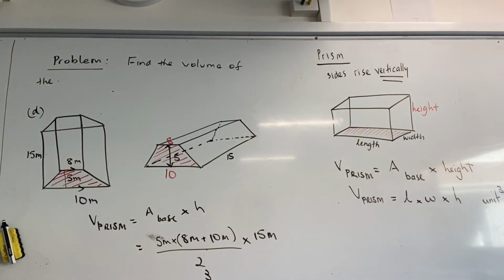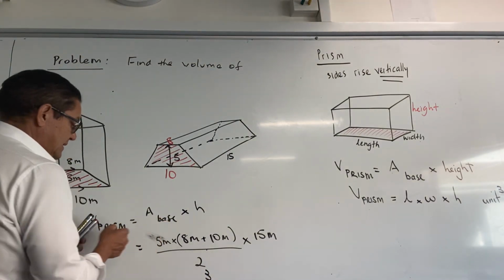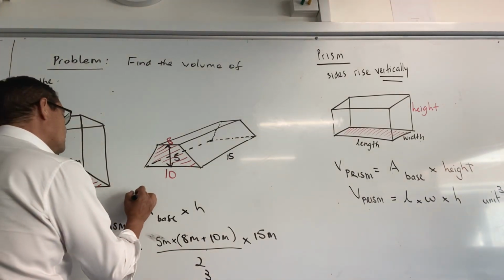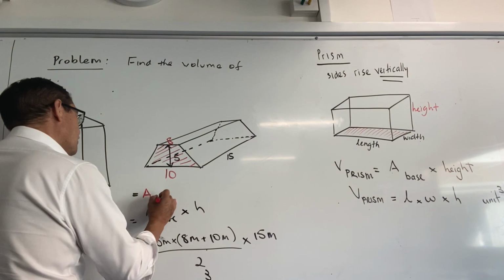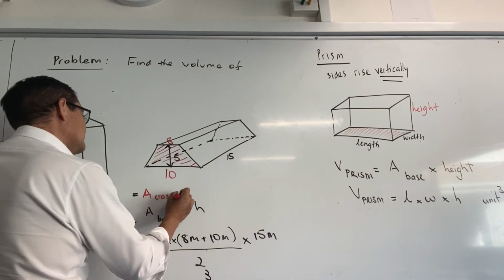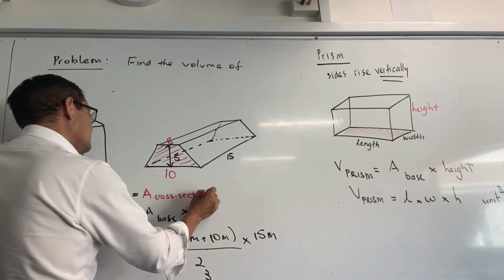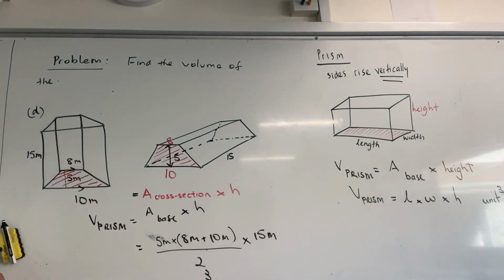Now sometimes they don't use the area of the base. That's not how they do it. You could hear it, you could see it sometimes. It's called area of the cross section times the height. Now the cross section is anywhere where if you cut, you keep on cutting, you get the same shape.